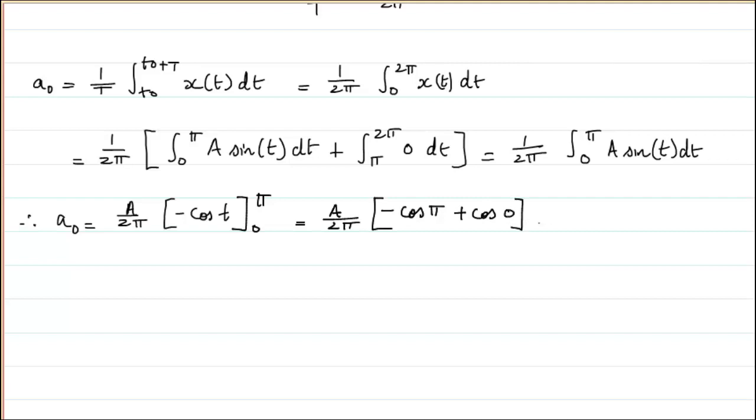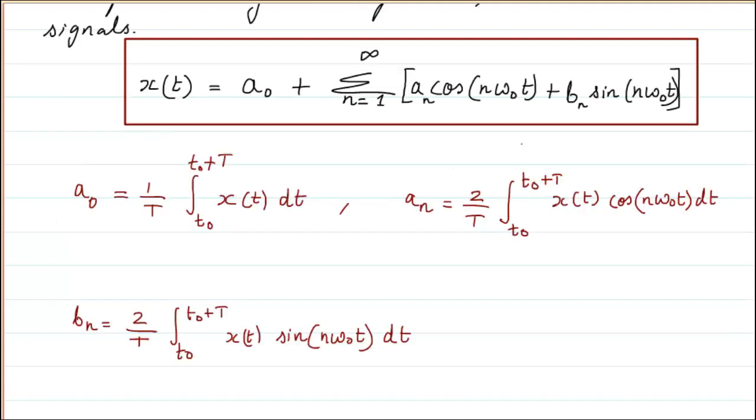We know that cos pi is minus 1. So minus of minus 1 is going to be plus 1, plus cos of 0 is again 1, so we will get 2 there. So this I will get as a divided by 2 pi into 2, which gives me the answer as a divided by pi. So this is a naught.